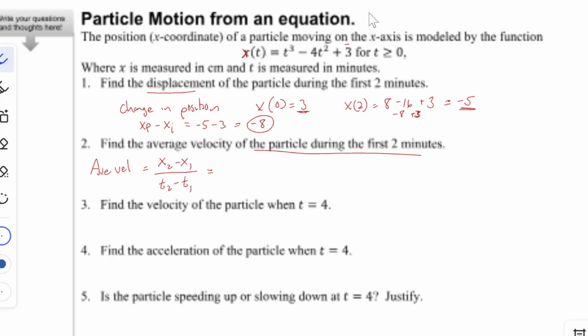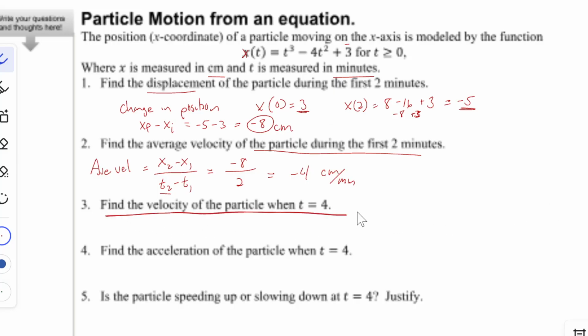X is what we use for position, sometimes s. We actually already calculated the top of that last step. It's negative 5 minus 3, which is negative 8. And this is 2 minus 0. So the average velocity was negative 4. I guess I should put units. Centimeters per minute. This was in centimeters.